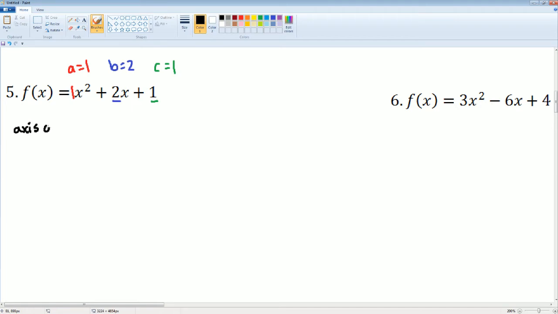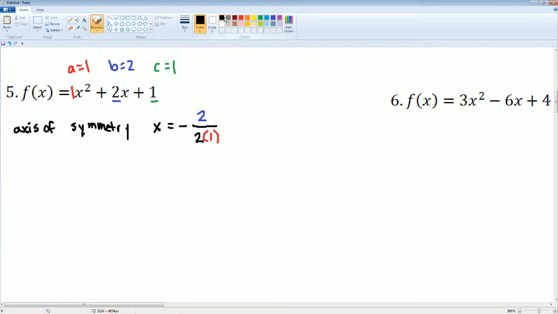The axis of symmetry is defined by x equals negative b, which is -2, all over 2a. So 2, and a is 1 here.